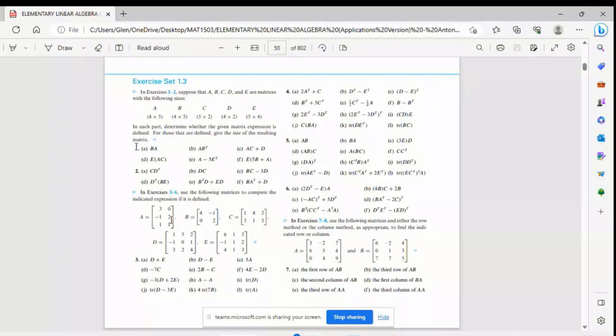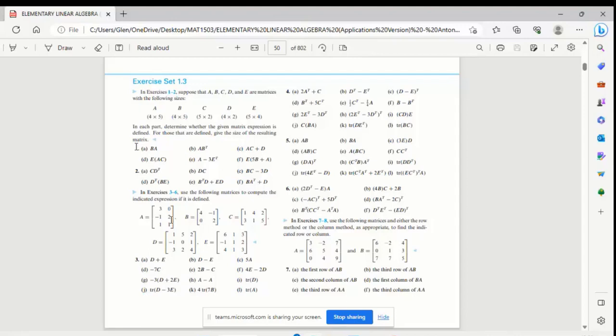Mr. T. Sibanda. Yes, sir. Number 4B, please. What did you get? I got a 3 by 3 negative matrix. First row, what did you get?